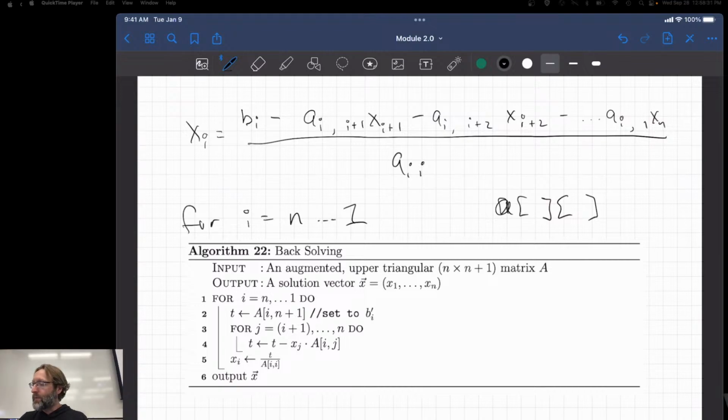So when I write i comma i plus 1 here, I mean something like this in Python. It's just a two-dimensional matrix. Yes. So the 8th, is it? No, the 7th. Yeah, whatever it is.